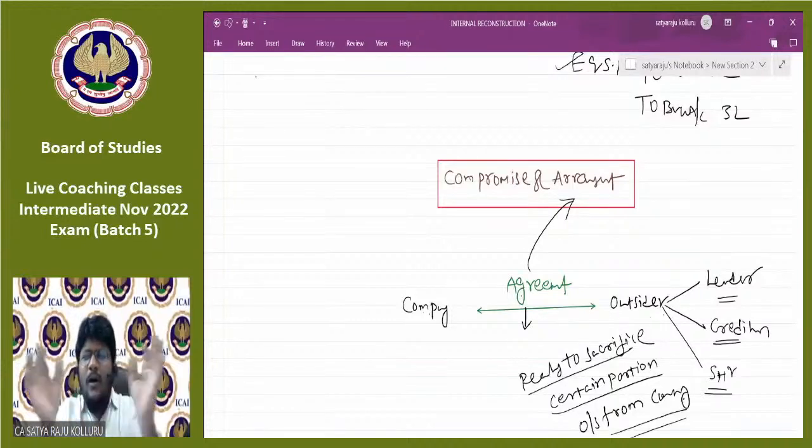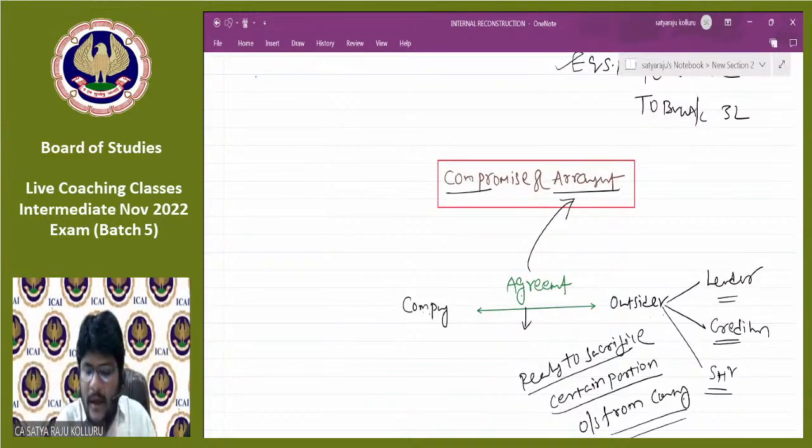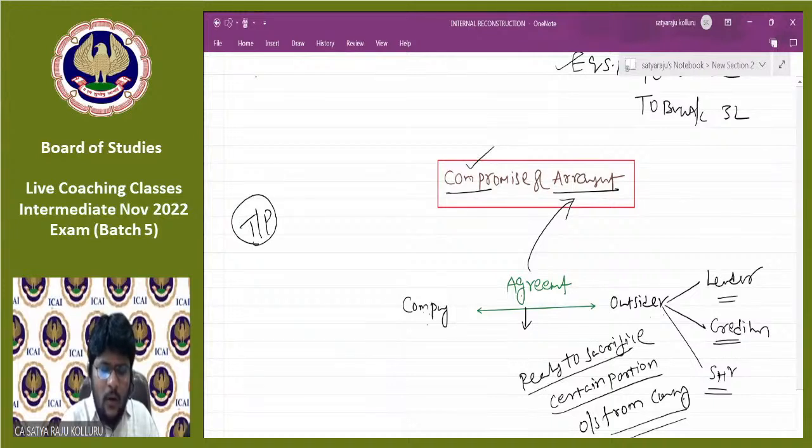Sir, there is a small difference between compromise and arrangement as well. When we generally use the word compromise, maybe some dispute is going to occur between the company and the other party. For example, trade payables are there. The outstanding amount for trade payables in my organization was 50 lakhs.